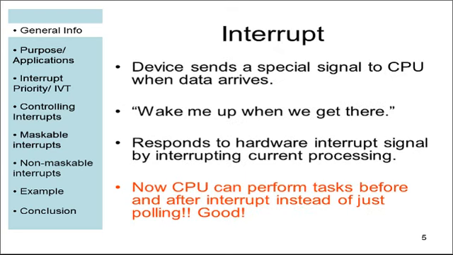In the second scenario, the devices can send a signal to the CPU when the data arrives, and in return, the CPU responds by interrupting the current processing and performing the particular task.